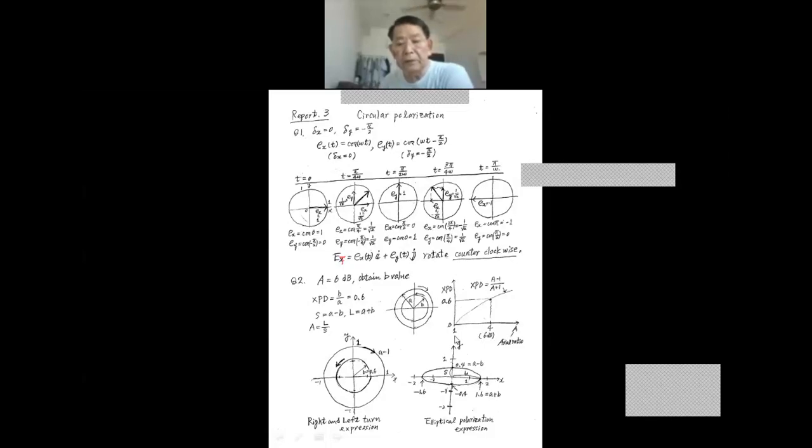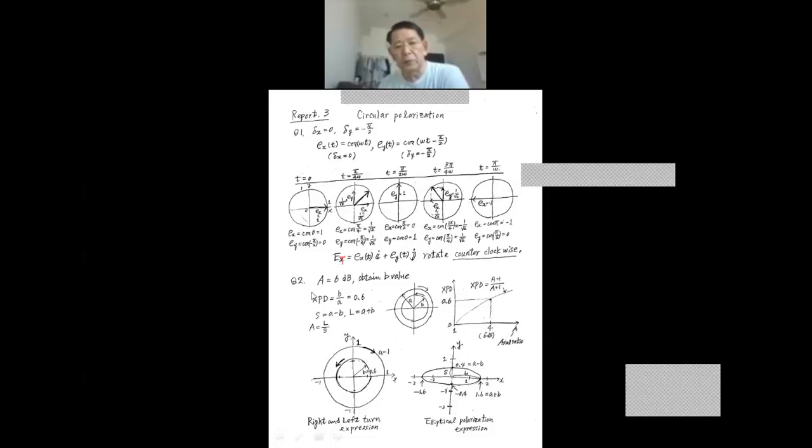So this figure explains the relation of A and cross-polarized discrimination, the relation of XPD and A. The result becomes like this curve.